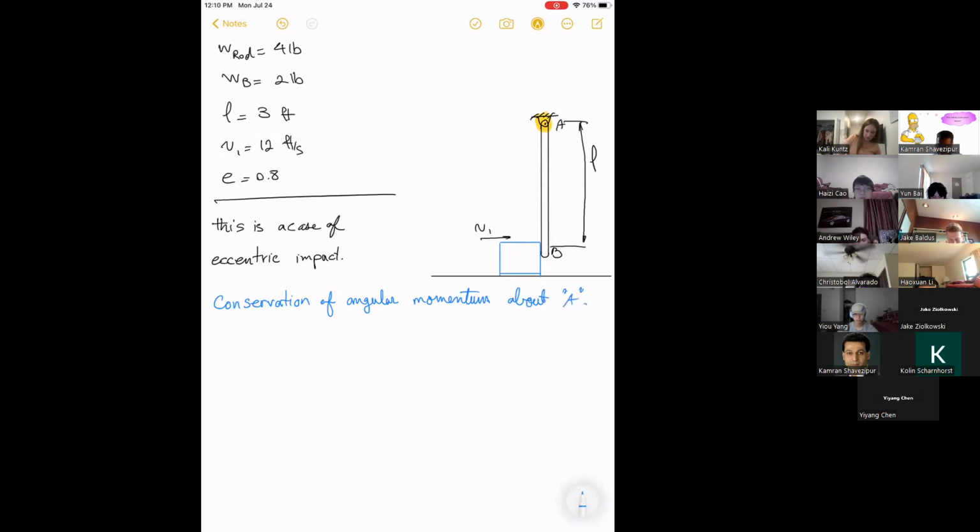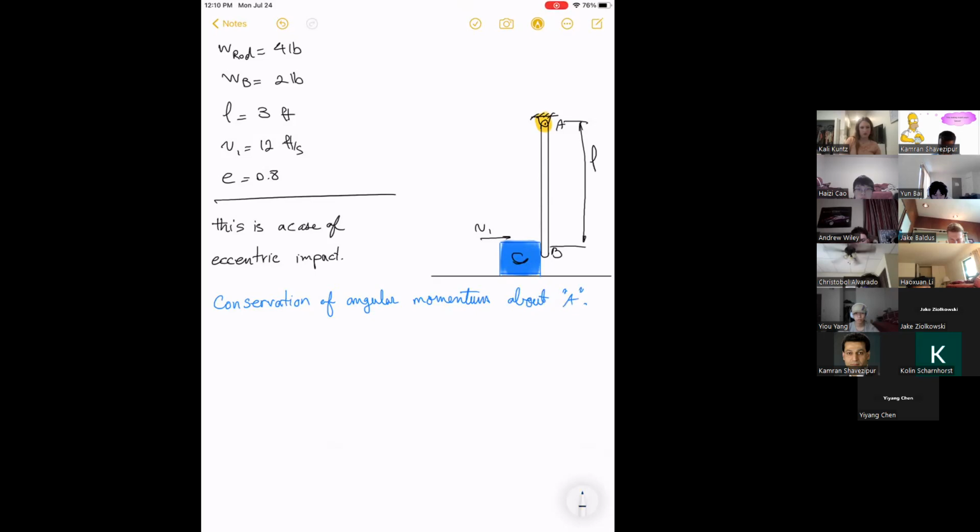Now, when we talk about angular momentum, we know that particles like this could also have angular momentum, right? Let's call this particle C so we can use it.